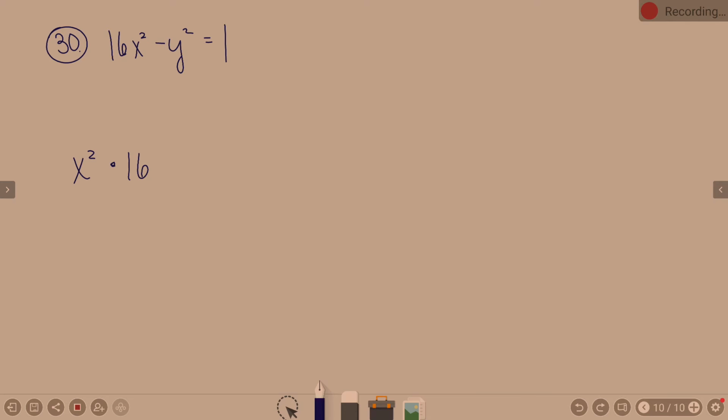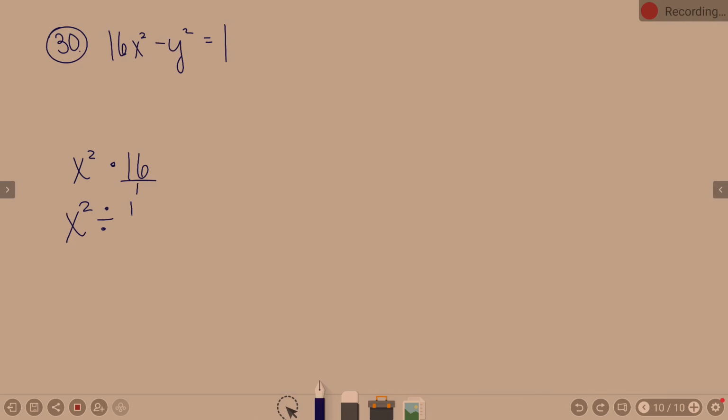So what you need to think about here: x squared times 16 is the same as x squared divided by what? The reciprocal, right? Here I'll even throw in an over 1 there, x squared times 16. How do you change that to division? Division is multiplying by the reciprocal.